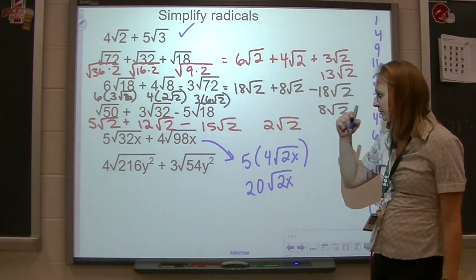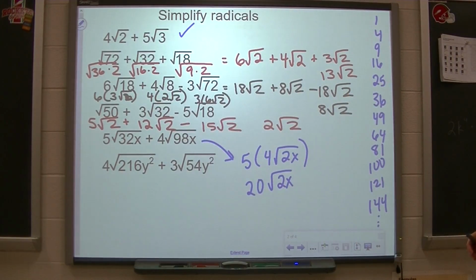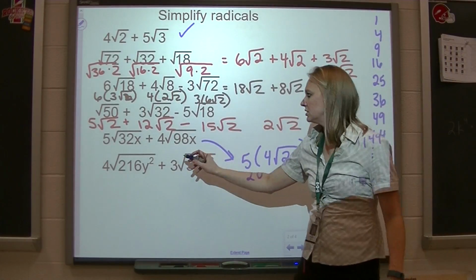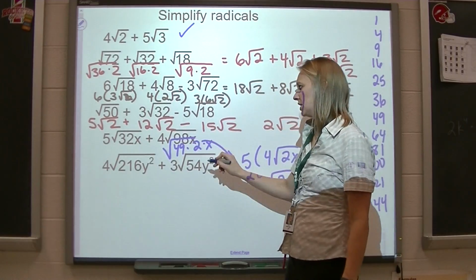Okay, and then 98x. We haven't broken 98 down yet, 49 works for that. So this is the square root of 49 times 2 times x.